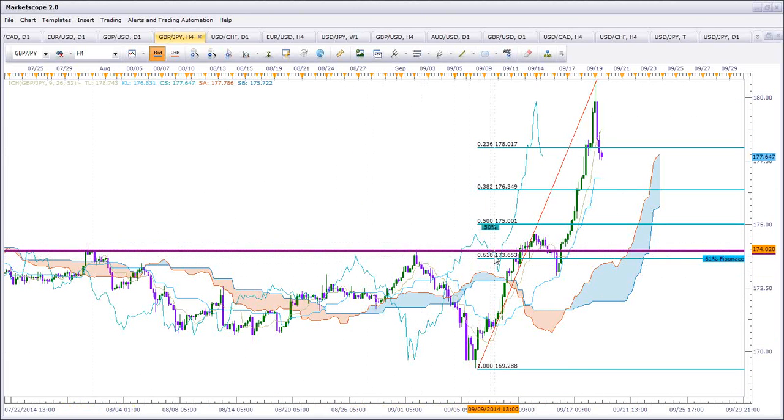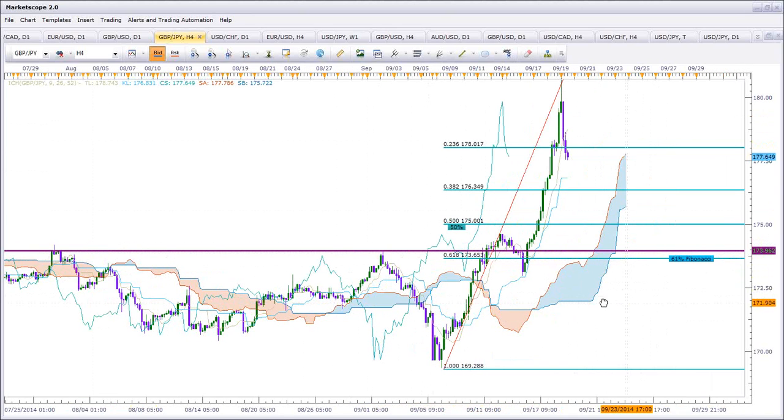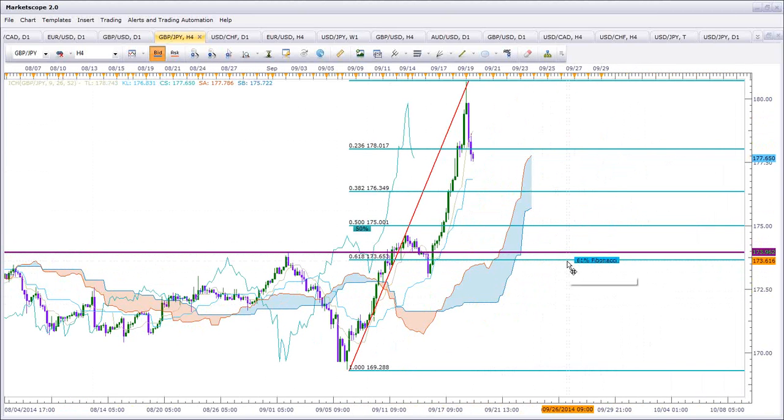So this range between this previous resistance, now turned into support, and a Fibonacci, right? This shows me that this is a very important level. There is a possibility that the market goes all the way back down to here and then shoots back up. So the basic thought behind Fibonacci is that when you're in a general uptrend, the market sometimes gets exhausted.